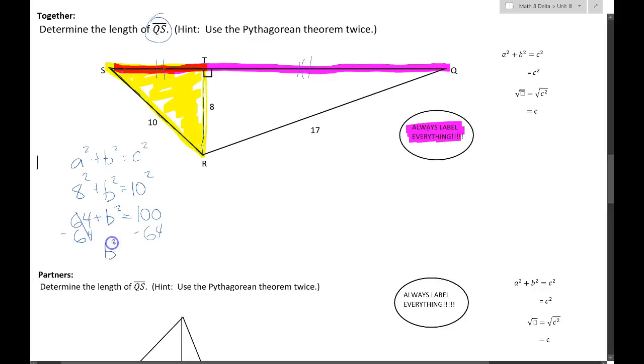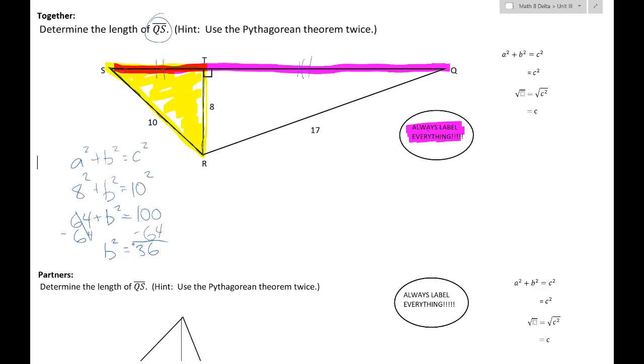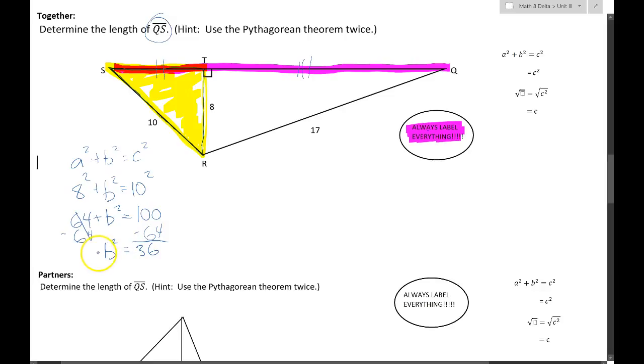I'm left with b squared equals 36. But I haven't quite finished yet. I need to square root 36, and I find out that b, this value here, is equal to 6. So this side right here is equal to 6.